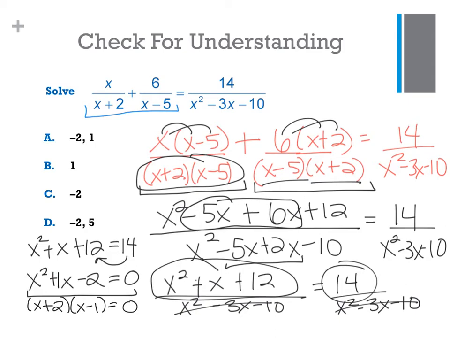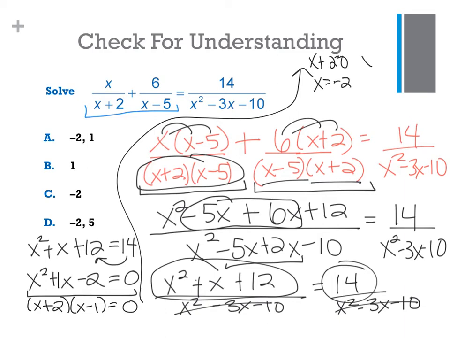So my solutions here are negative 2, right? If I set x plus 2 equal to 0, I get x equals negative 2. And if you have x minus 1 equals 0, x equals 1. So I have two solutions here.